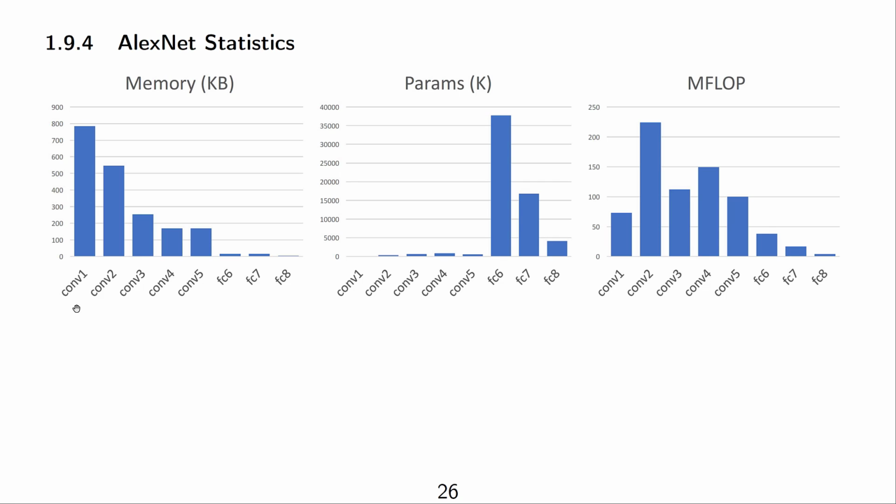Here's the memory consumption, and we can see that the memory consumption is dominated by convolution, but the fully connected layers in the end don't make a big difference. The trainable parameters are completely dominated by the last three fully connected layers. And then the number of flops is a bit more balanced, but still overwhelmingly dominated by the convolutional layers.